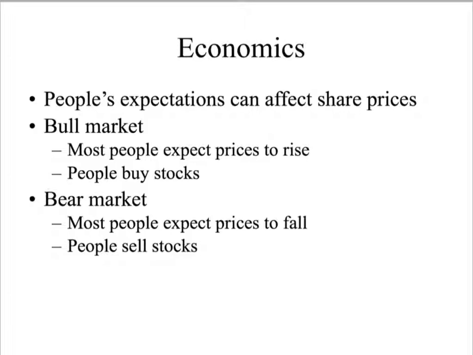In a bear market, you expect the prices to fall, and so you sell. So therein lies this whole problem: you expect something to happen, and then you personally make it happen through either the buying or the selling of the stocks.